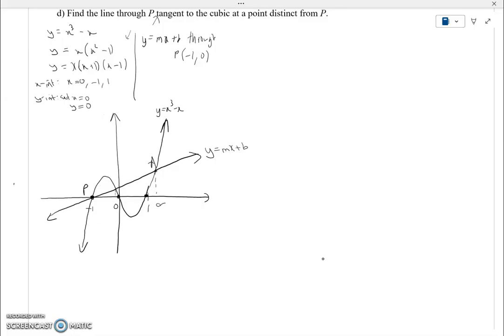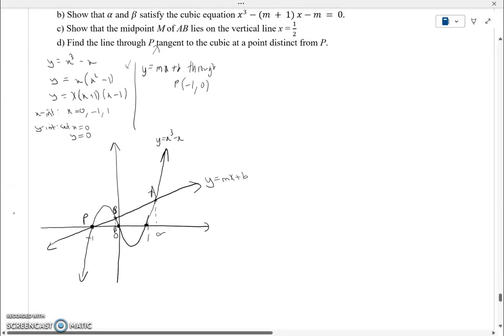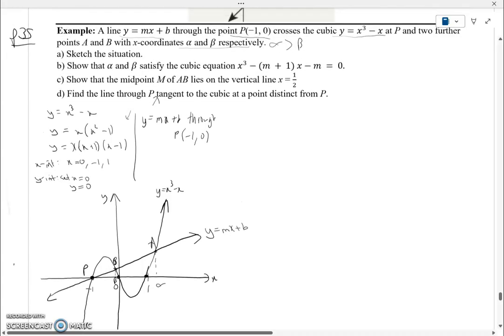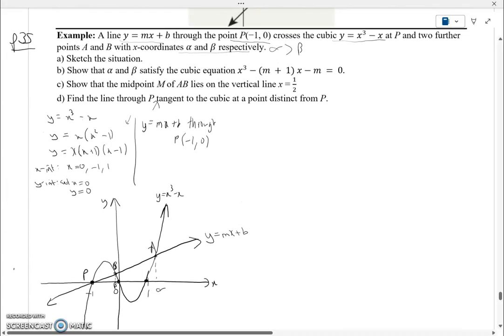This must be my point B here, which has an x value of beta. So that's my graph there. Just label my axes. Okay, so that's part A done.